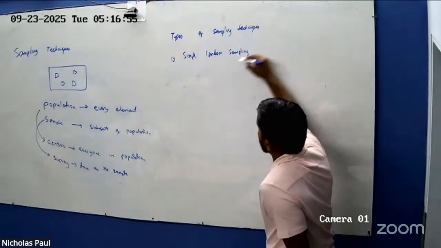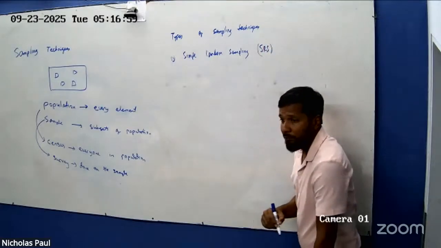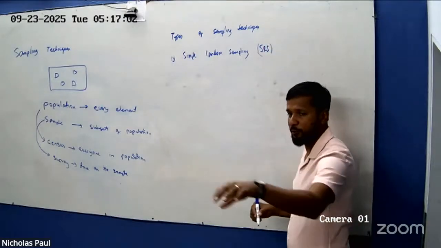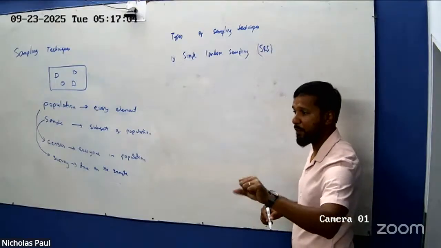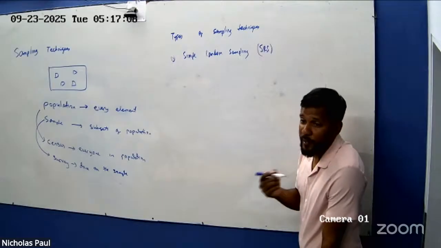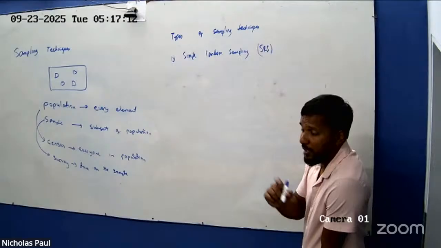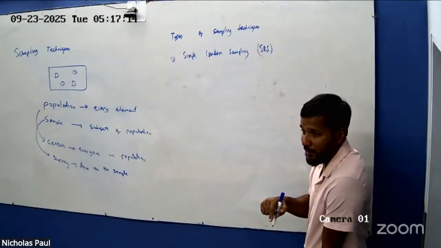Sometimes I would just use SRS. That's where we simply randomly choose people. So if I have 10 people and I randomly choose people, that's simple random. One of the ways we can do it is give each person a number and use the random number table I showed you last week.